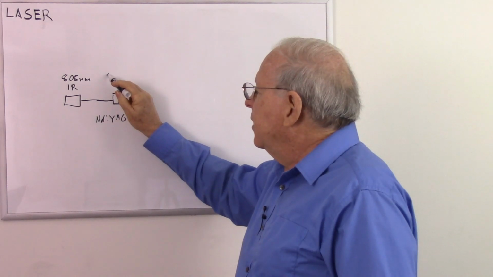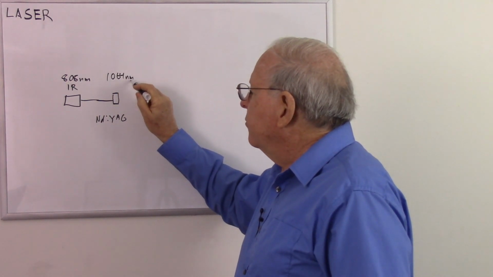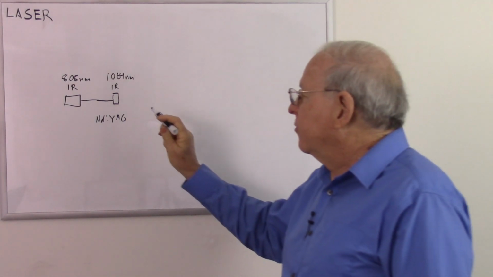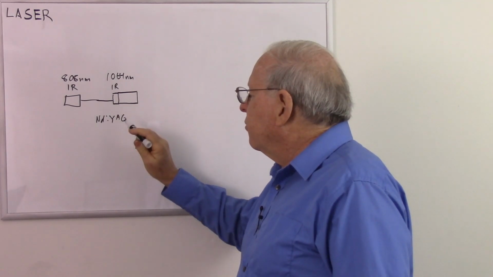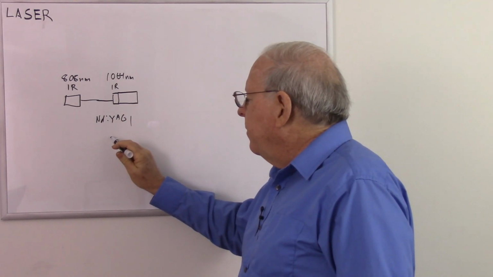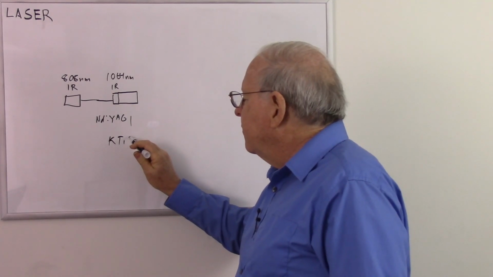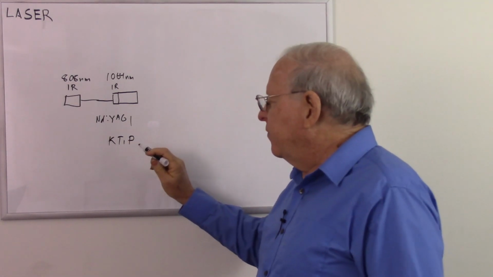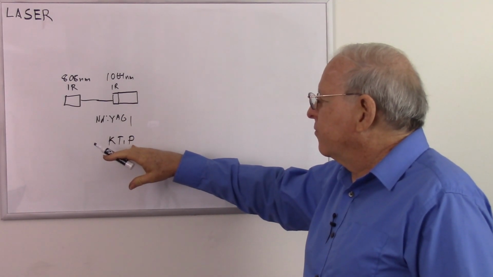and that's going to give us a wavelength of 1064 nanometers. So it's again infrared, much deeper in the infrared than the original laser. And so that laser goes through a crystal, which is a potassium titanyl phosphate. So it's a mixture of potassium, titanium, and phosphorus.